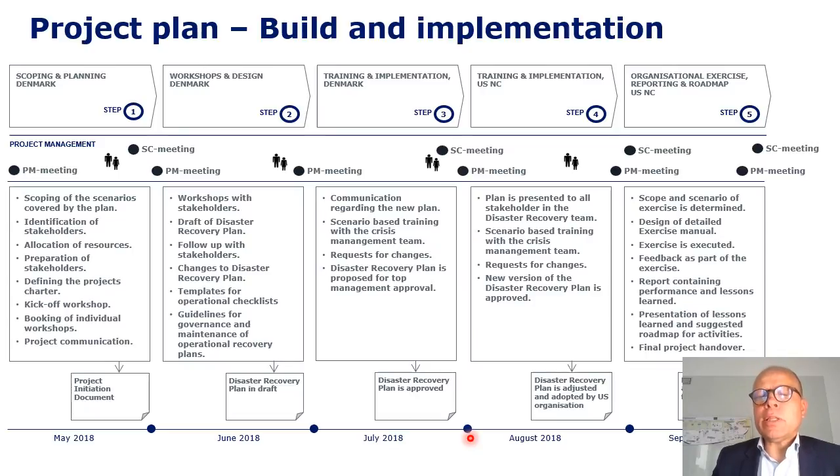So everything that we are designing around the plan will be done before summer, and everything regarding the training and implementation and test will be after the summer. So we have a tight and busy schedule before going on summer holiday.